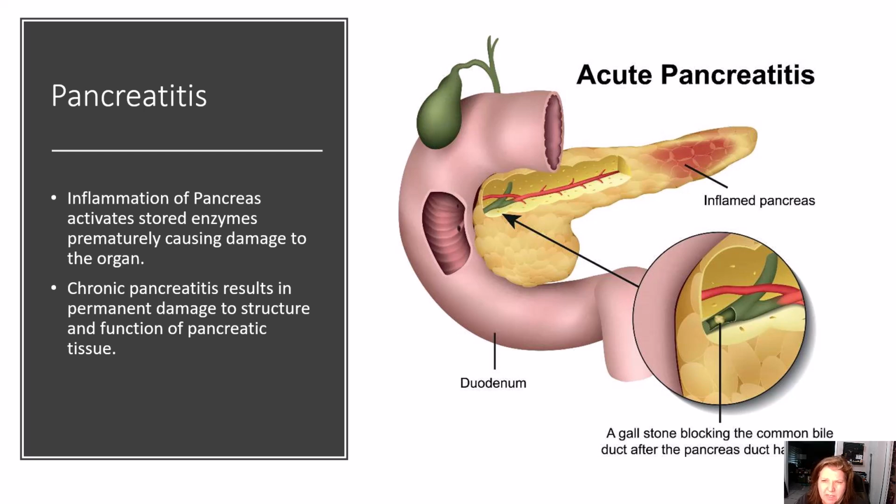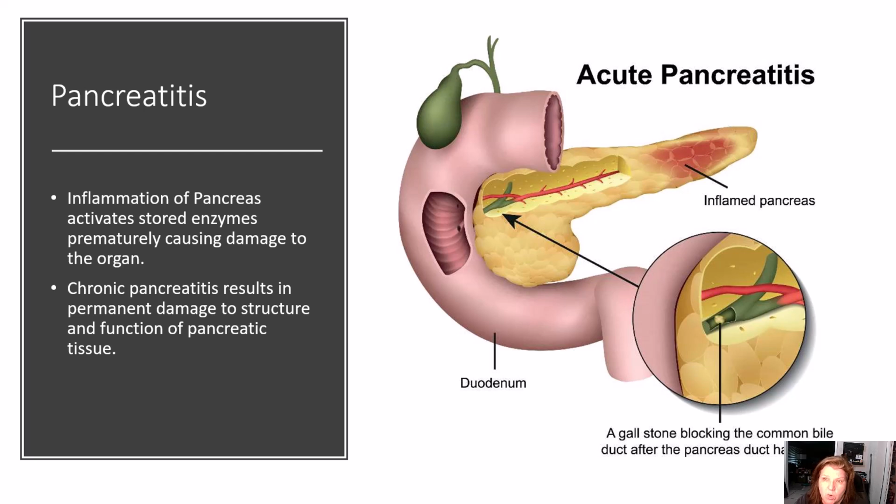And what we're going to find is that when individuals eat, it causes tremendous pain, and that has to do with this activation of these enzymes in the pancreas. Now, an acute attack, or acute pancreatitis, is a short-term duration of this.